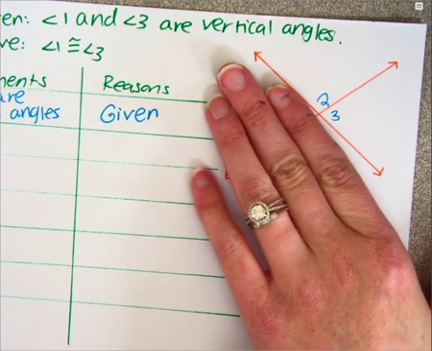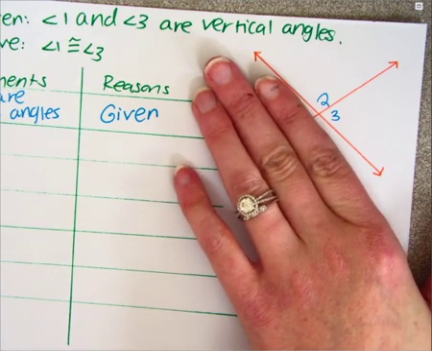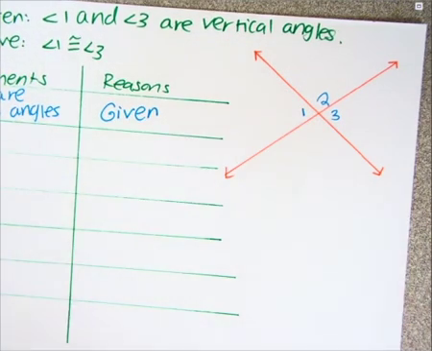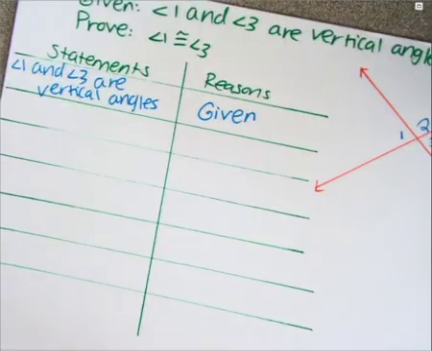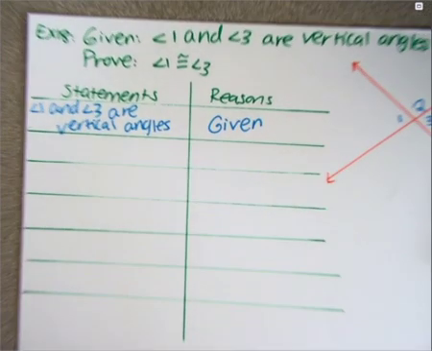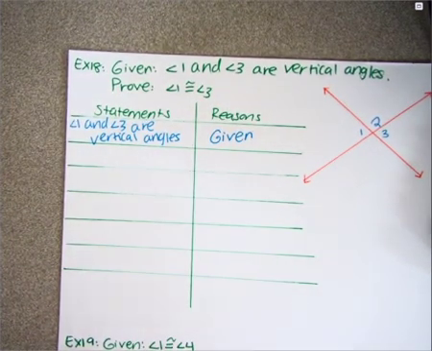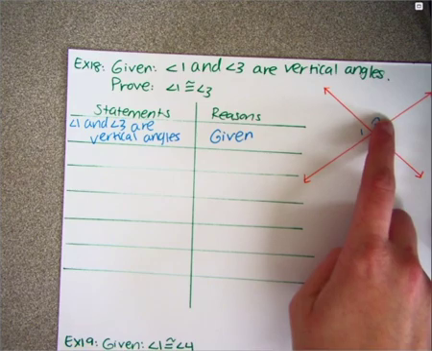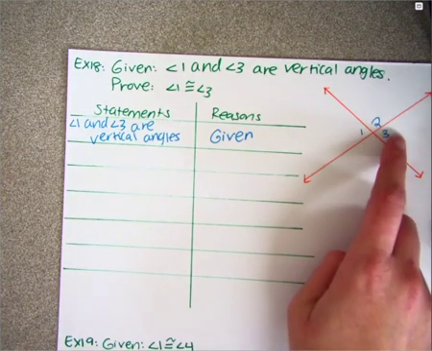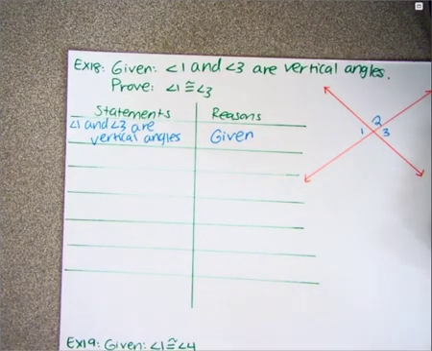Okay, so 2 and 3 will also form a line, which means 2 and 3 also form a linear pair, which if you look at your definition of a linear pair, states that they are also supplementary. So I'm going to go ahead and state that angle 1 and 2, as well as angle 2 and 3, form a linear pair and are supplementary. And the reason why I know that is by my definition of a linear pair.